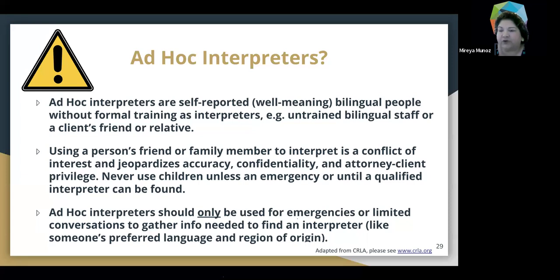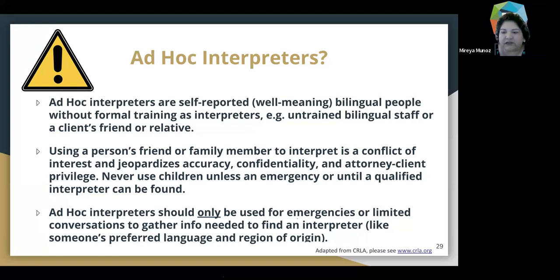And we know many times when trained interpreters are not available, a lot of that burden falls on untrained or ad hoc interpreters. These are bilingual individuals who have good intentions but no formal training of any sort.